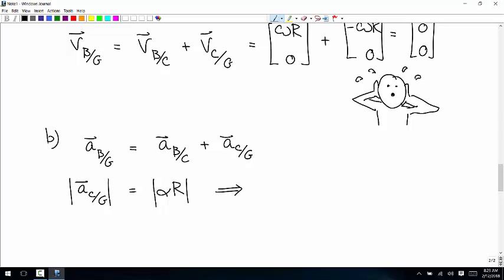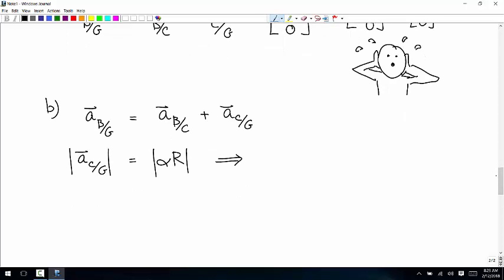And if the angular acceleration is counterclockwise, then that acceleration is to the left. So we have negative alpha r. And does that one come from circular motion or from rolling without slipping? Good, yep.